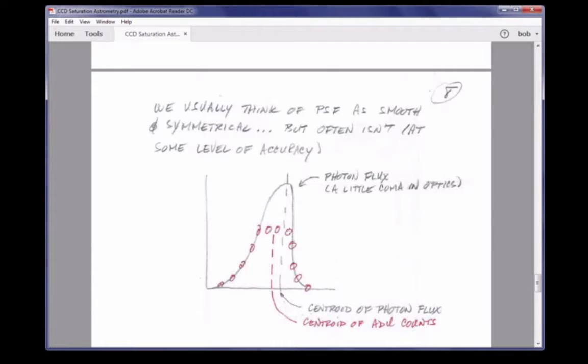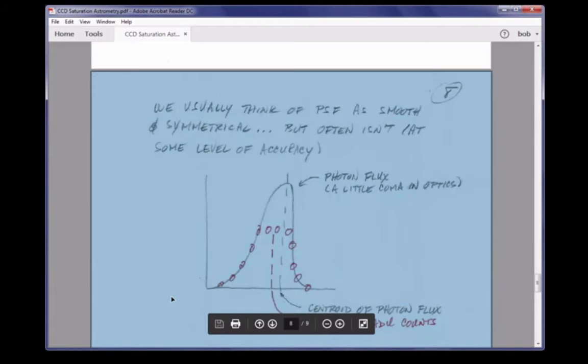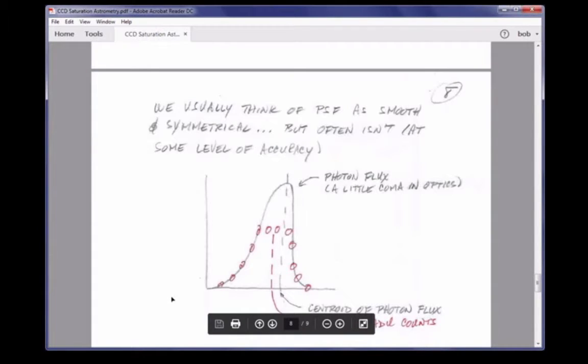The flat top is diagnostic that some sort of saturation has happened. And it turns out if you calculate the centroid of those little points, that centroid is noticeably to the left of the centroid of the true photon flux. And so you're no longer measuring a good representation of the location of the star.